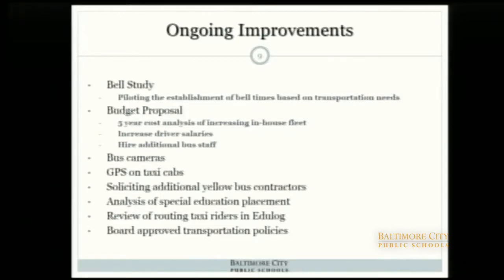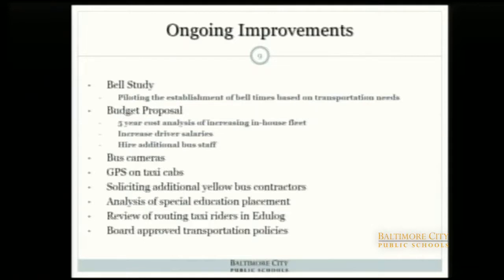Something we're looking to do is put bus cameras on our buses, inside and out. We have been working with legal on what that would look like. Right now, Baltimore City does not have an ordinance that supports bus cameras on the outside that would produce tickets, but that is something that we have to work on to make happen.